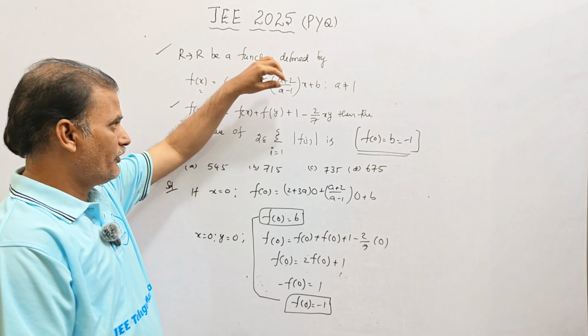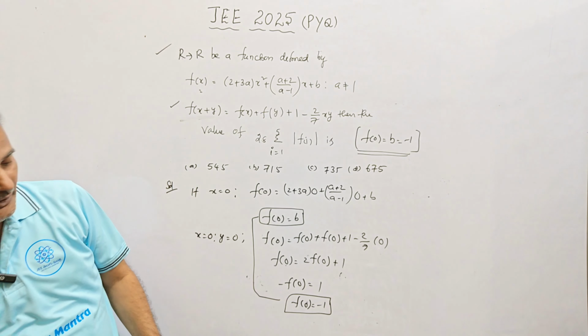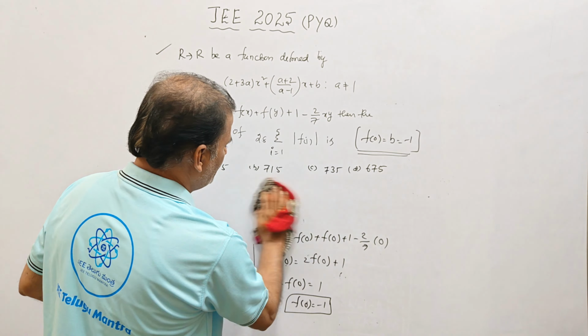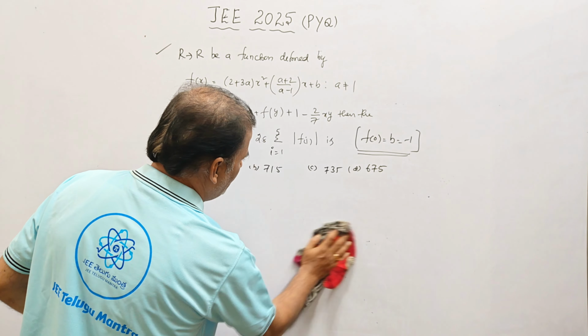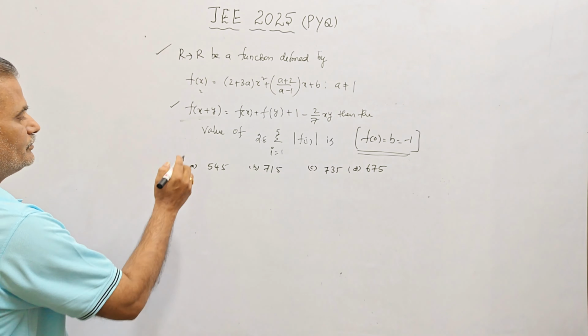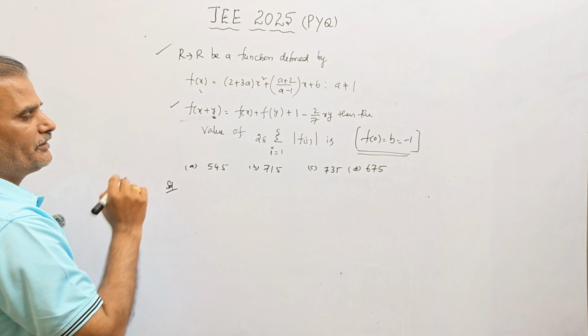Now our aim is to find the value of a. Now if x is equal to 0 and y is equal to 0, we get the value of b. Now from this, y is equal to minus x also we get f(0).